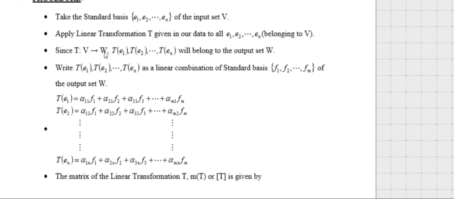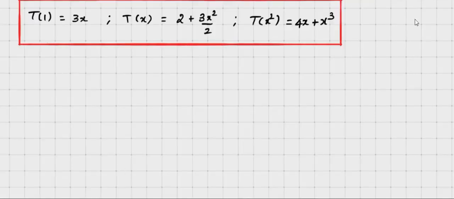The next step is we have to write every result whatever we have obtained as a linear combination of the standard basis of the output set. How we are going to do that? Let us see now. These were the results we have.